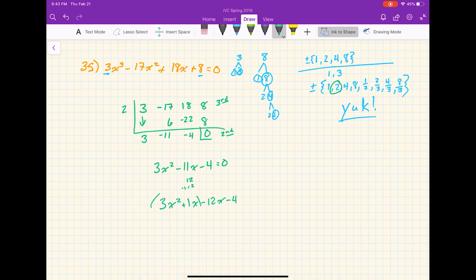So now I can factor out an x here, and plus 1. And, oh, wait a minute. 3x. What have I done to myself here? Oh, I can only factor out an x on the first part, because, yeah.